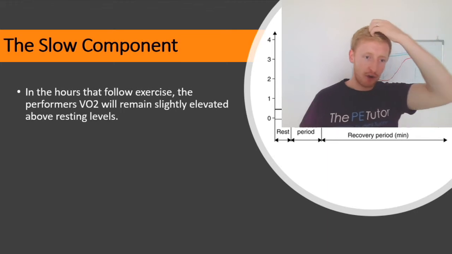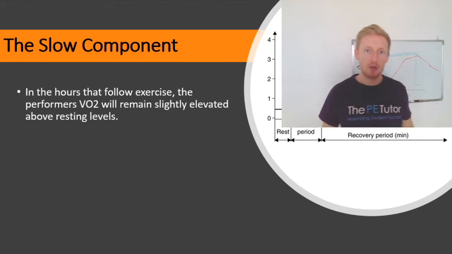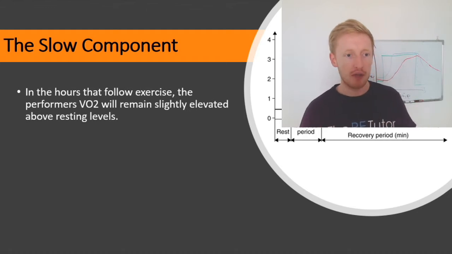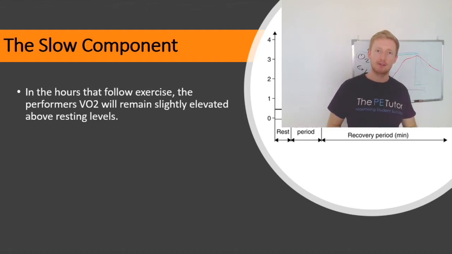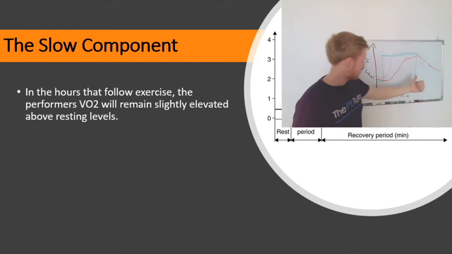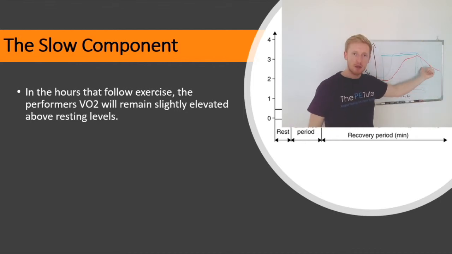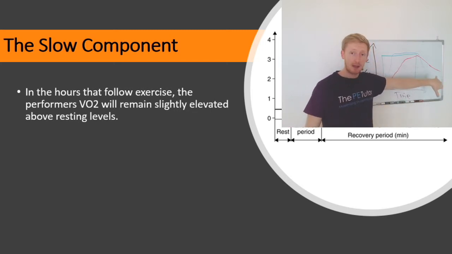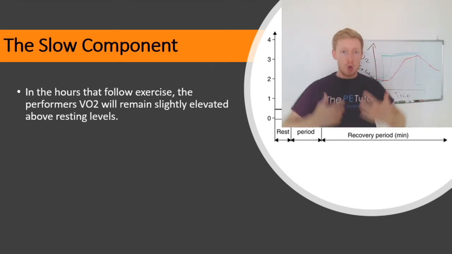So in the hours that follow exercise, the performer's VO2, the volume of oxygen that they consume or bring in and deliver around the body, will remain slightly elevated. Not massively, we're not huffing and puffing, like we do in the first minute or so after vigorous exercise. If you run a 400-metre race, you're probably bent double or lying on your back, arms up, backwards.